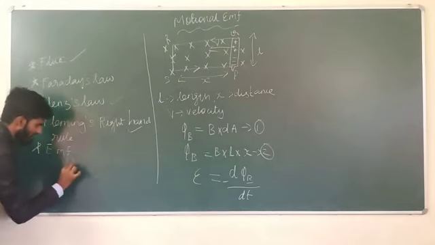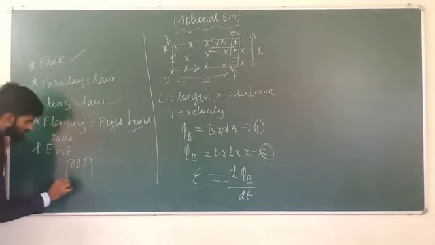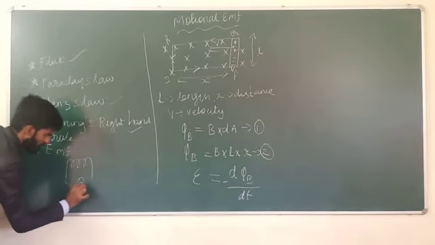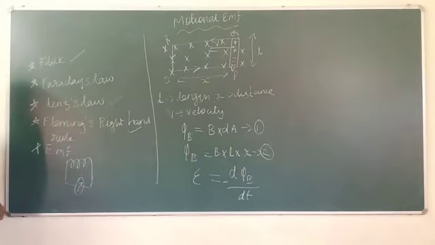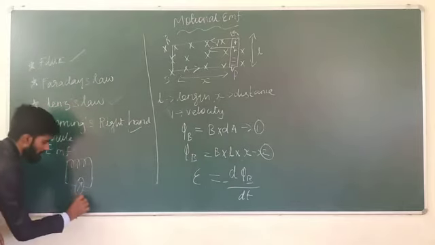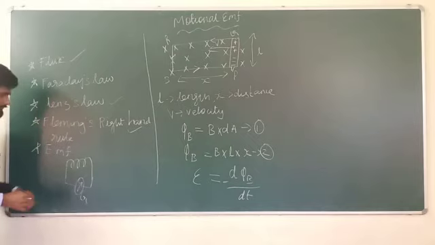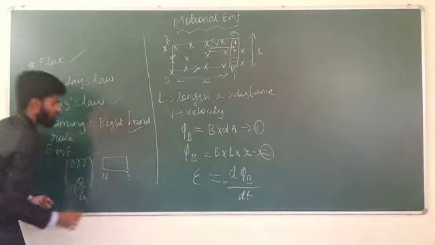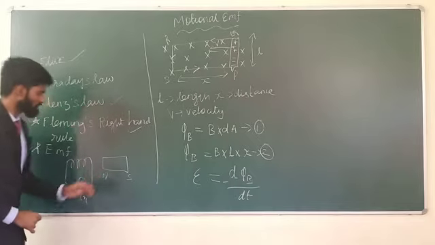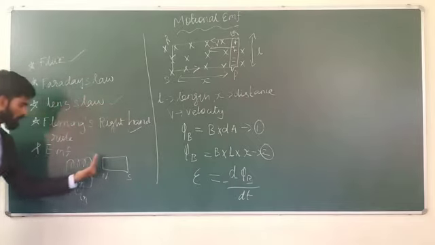In your 10th class, you have studied the experiment called electromagnetic induction. Here we have a coil connected to a galvanometer and a magnet with north and south poles coming towards the coil.